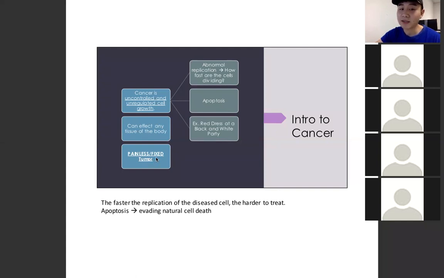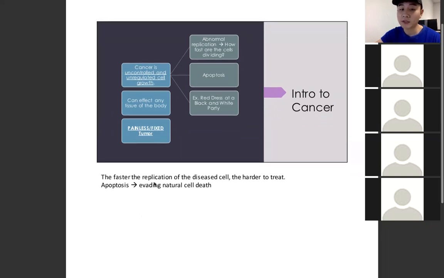Sometimes it can be painless, and it can be a fixed tumor. Again, the faster the replication of the diseased cells, the harder to treat. It's pretty self-explanatory. If the cancer cell is spreading too fast, it will spread to the bone or into other areas of the body. Therefore, it will be harder to treat. Apoptosis is evading natural cell death.